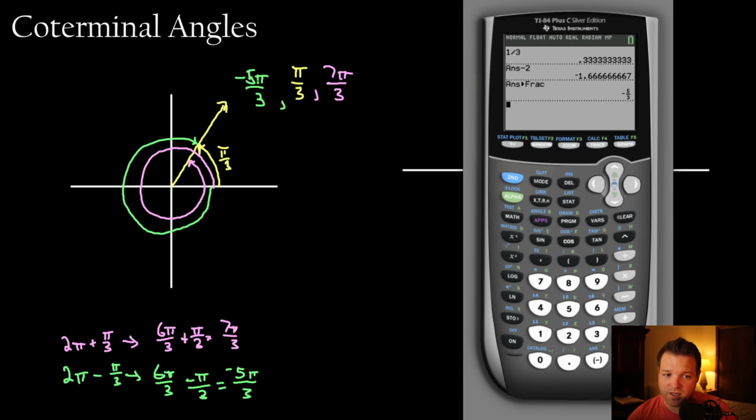So there's your negative 5/3 pi, negative 5 pi over 3. And then I'm going to do the same thing: second entry, the previous one in that. And there we go. So the next one, if I'm going the opposite direction, would be negative 11 pi over 3. Next one would be negative 17 pi over 3, and so on and so forth.